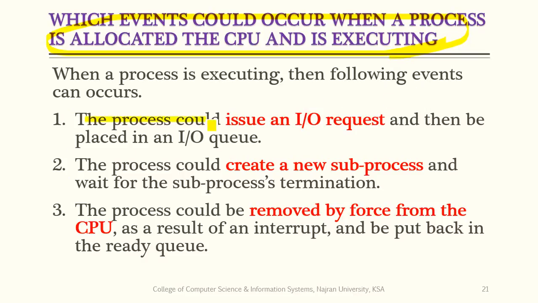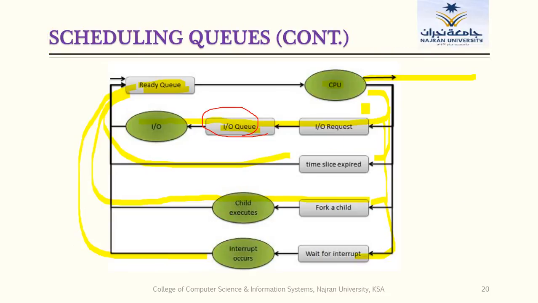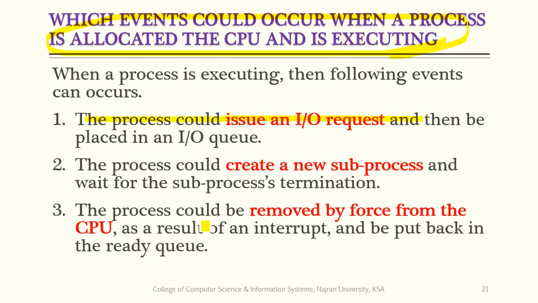The process could issue an IO request and then be placed in an IO queue. If you go back again, this is the first possibility, that it asks for an IO device and goes into the IO queue. This diagram clearly shows that this is the first possibility: it issues an IO request and is placed into the IO queue.